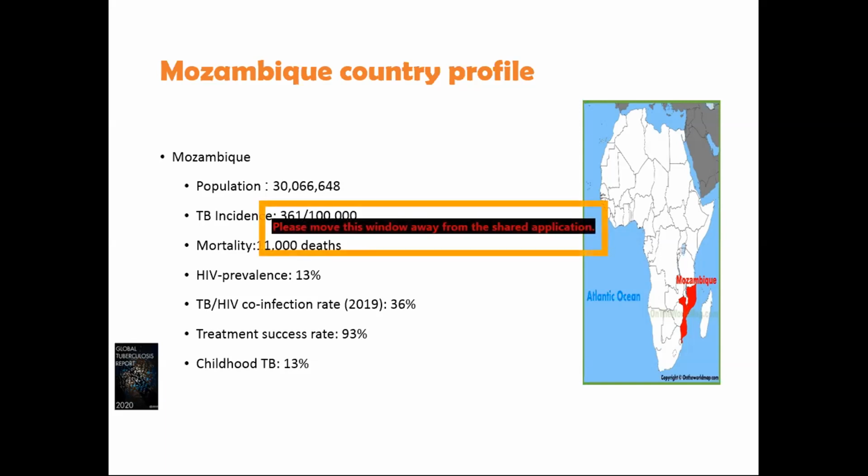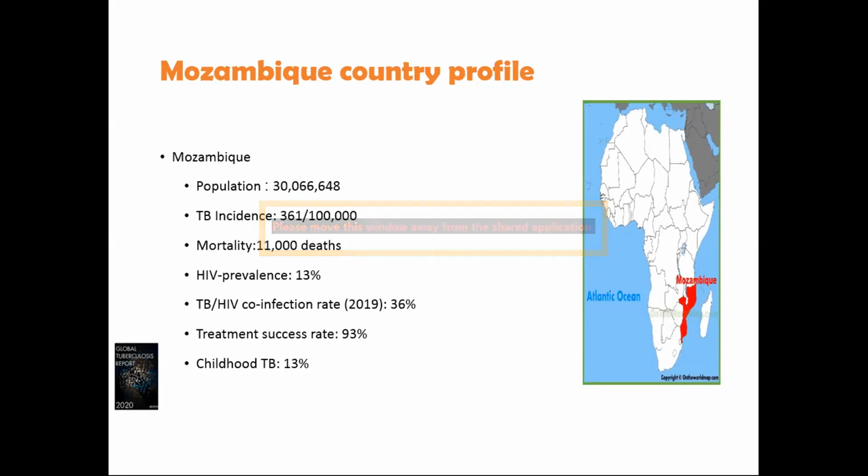HIV prevalence is 13% according to our national survey. The TB HIV co-infection rate was 36% and the treatment success rate was 93%. So childhood TB represents 18% of all cases notified in the country.